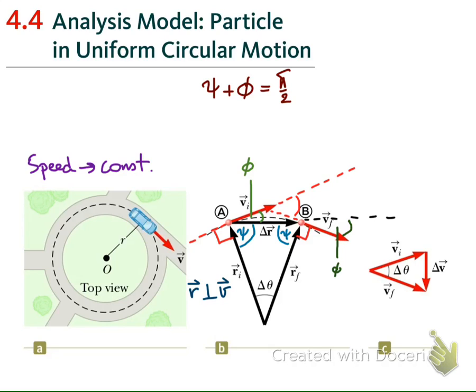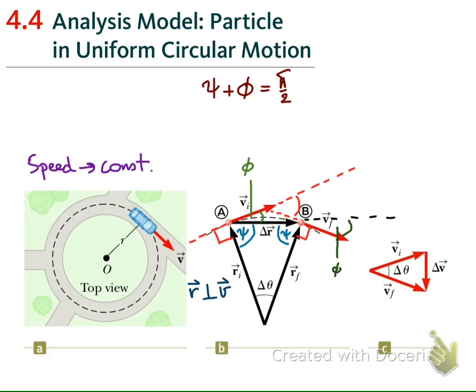So again, we have that this angle psi plus this angle must equal to pi over 2. But we have that psi plus phi is equal to pi over 2. It means that this angle is phi.